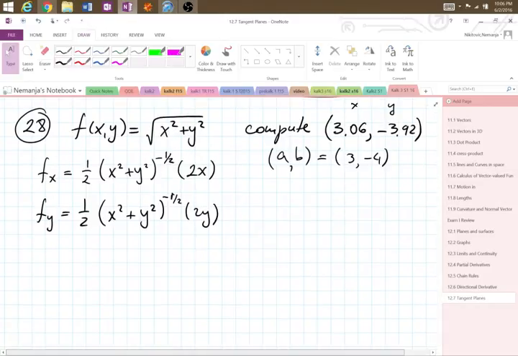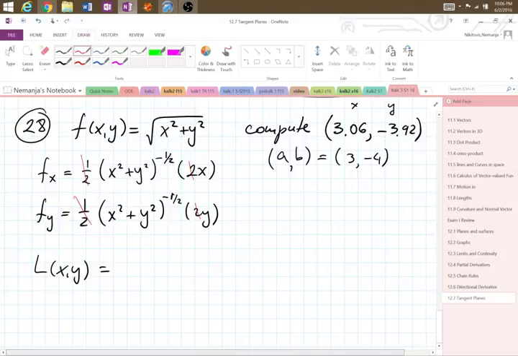And now we do the linearization. So L(x,y) is equal to the partial derivative computed at, well, the half will cancel, the partial derivative computed at (3, -4).